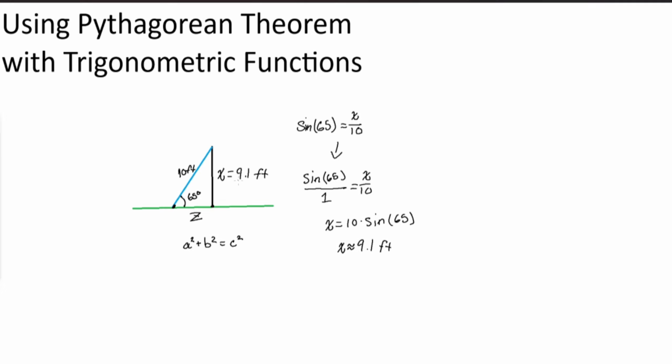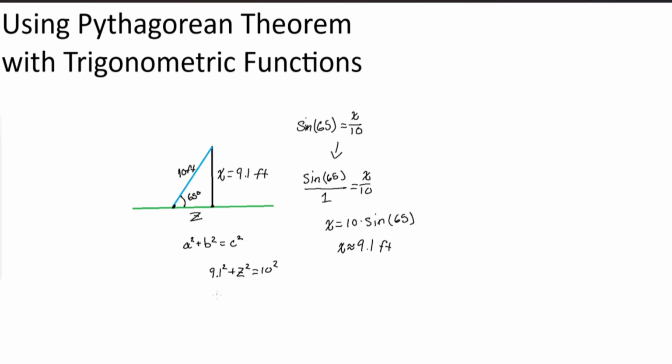One leg is 9.1, so we can say 9.1 squared plus z squared, since we don't know what z is right now, is equal to 10 squared, because 10 is the hypotenuse.